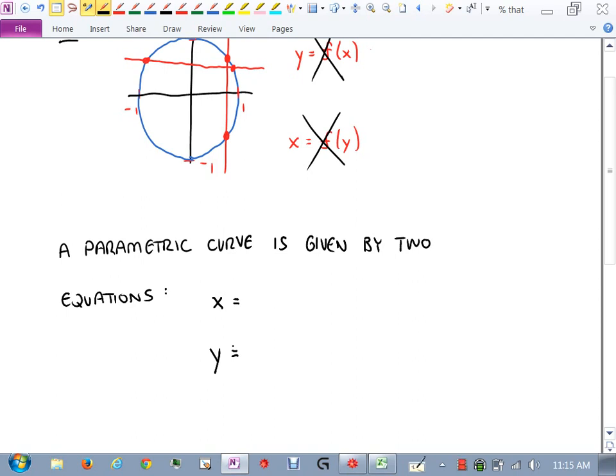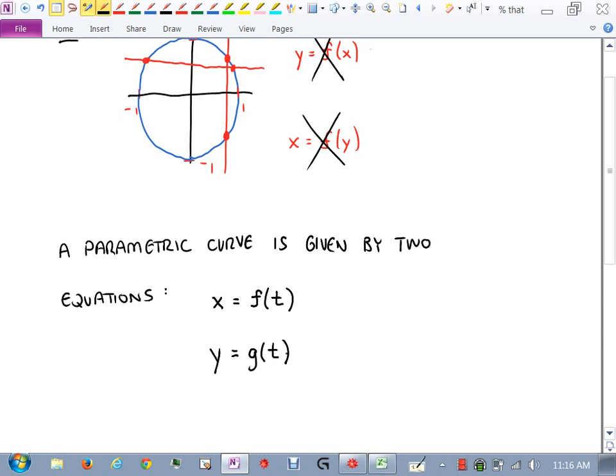So I need to figure out what function, I will call it f, of some other variable which we'll call t. x is some function of t. I don't know what it is. And then the y coordinate is some other function, g of t.